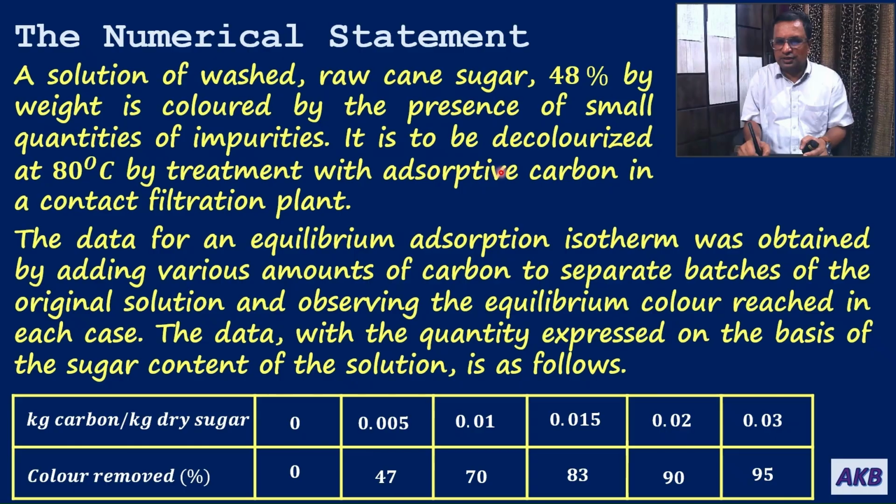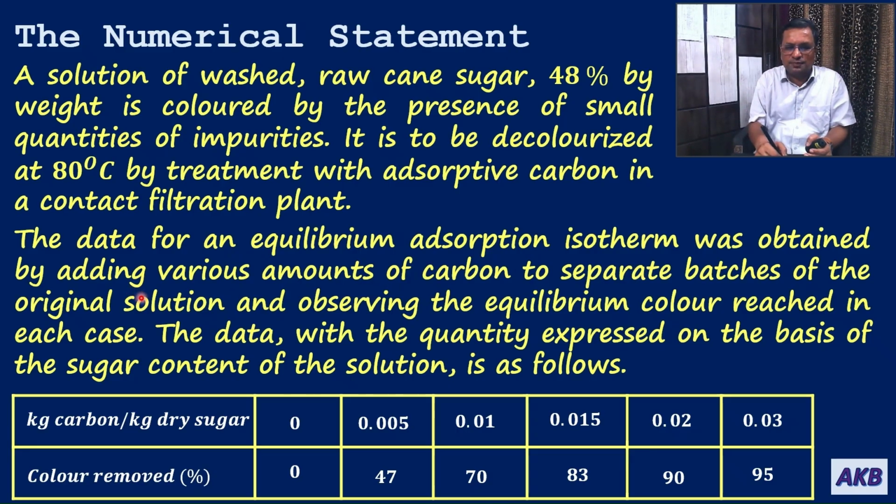So it is to be decolorized at 80 degrees Celsius by treatment with adsorptive carbon. The adsorbent that is used is adsorptive carbon. This is the operation. Then an equilibrium data was obtained. Equilibrium data for an equilibrium adsorption isotherm was obtained.